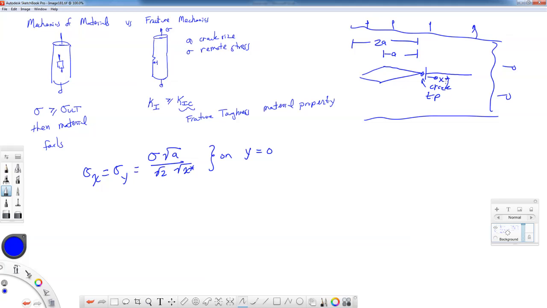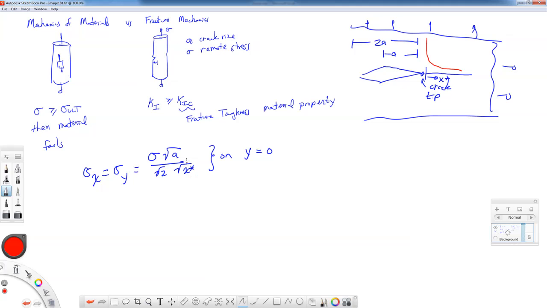Now if you notice, that distance is to the 1/2 power, and it's on the bottom. As that distance gets really tiny, as it approaches 0, the stresses go to infinity. So we're going to expect to see a stress distribution that would be extremely high, tending to infinity right at x equals 0, and it tapers off by what's called a 1 over square root x, or 1 over square root r singularity.